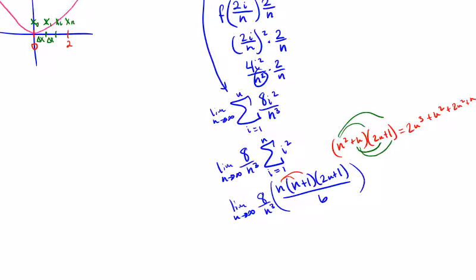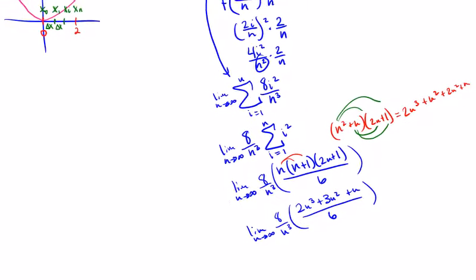Then I combine like terms, and what I'm going to get on top is 2n cubed plus 3n squared plus n all over 6. Bring down all this other stuff.